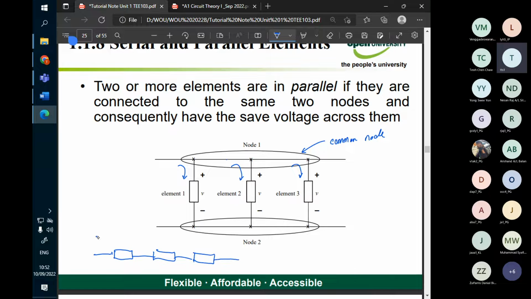It looks like we have only one current flowing through these three elements, 1, 2, and 3. Only one current flowing through. But for this one, we have three possible currents flowing through because they are sharing the same node. So the current all depends on how much resistance these elements have. If you know the resistance here and you know the voltage, then you can calculate the total current flowing through the element.